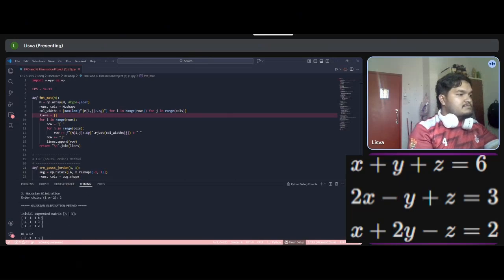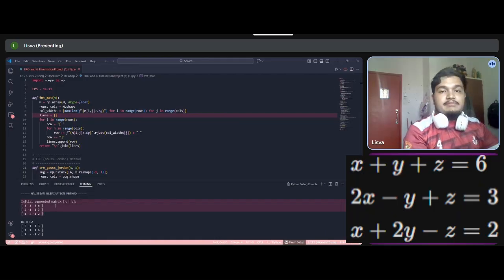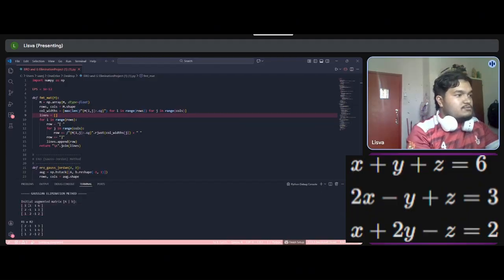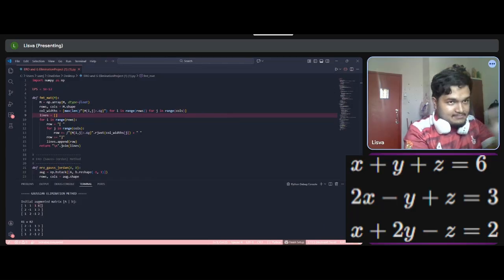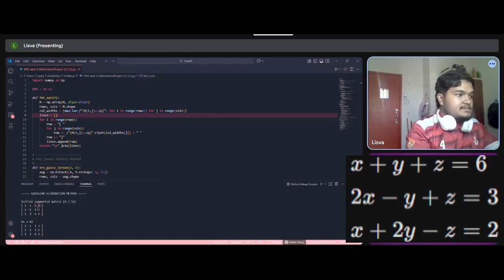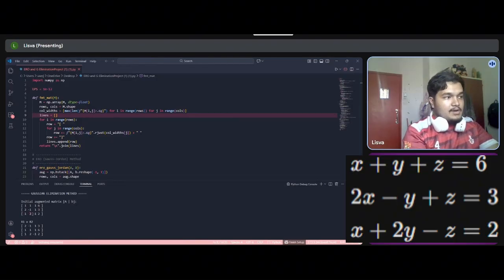So as we can see here, it already stated the initial augmented matrix where x equals 1, y equals 1, z equals 1, where all add, we get 6. 2x minus y plus z equals 3. x plus 2y minus z equals 2.